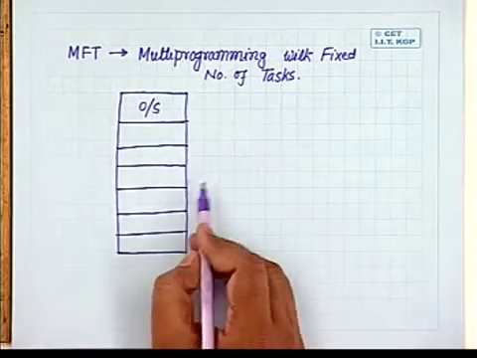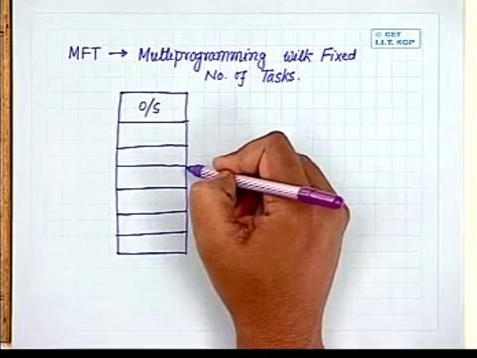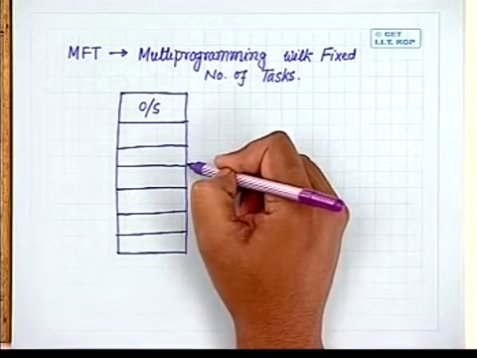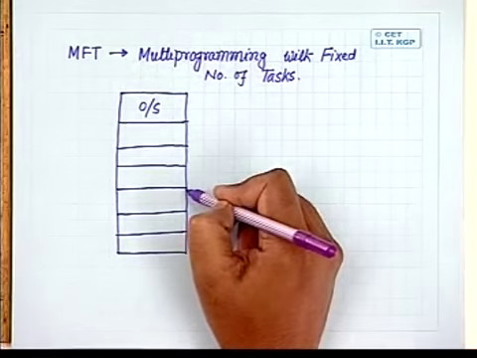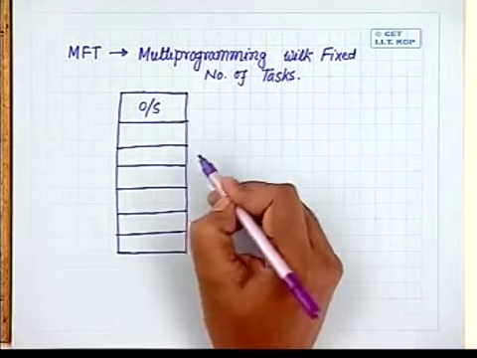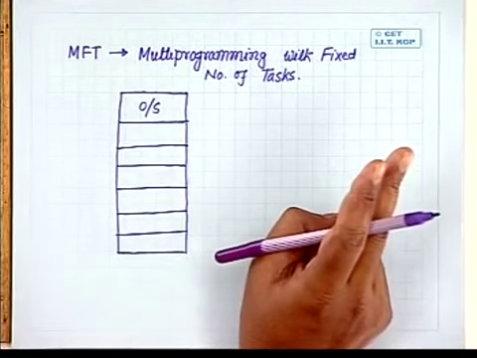But in this case, because I have got multiple partitions, I have jobs which are at addresses less than the partition address. I have jobs which can also be at addresses higher than the partition address. That means to protect every job against others, I must have two bound registers.